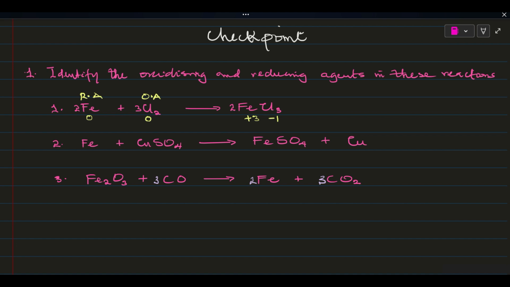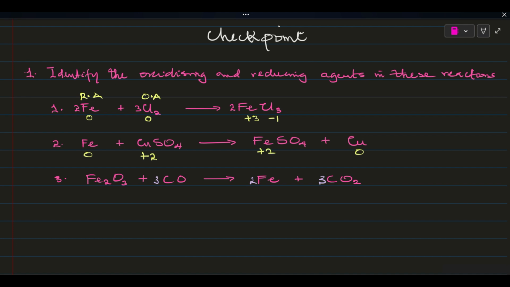If you look at the second example here, it is 0 as well, and this is going to be 0, and the copper ion in this compound is copper(II). This is copper(II) sulfate, so the oxidation state of copper is +2. And if we check the iron here, this is iron(II) sulfate. The oxidation state of iron in this is also +2.